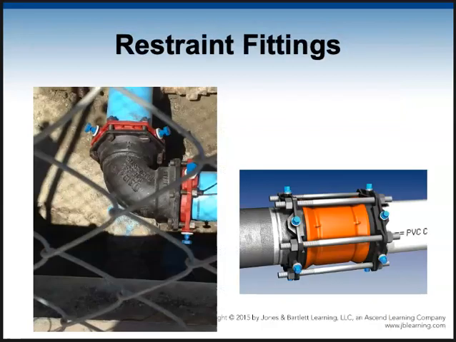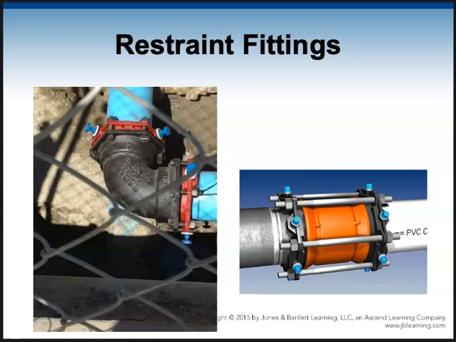The next way that they do it is they use these restraint fittings, where they'll use nuts and bolts, and it's a pressure fitting. As they tighten it down, it holds the pipe together. As you can imagine, using this ductile iron and all of those nuts and bolts is more expensive. So usually thrust blocks are used unless there's a reason to use restraint fittings, and a lot of times there's a benefit to using them even though they're more expensive.